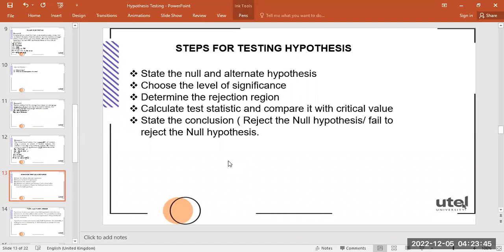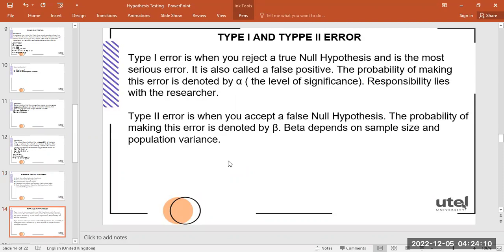And then we determine what we call the rejection region. Having done that, we then calculate a test statistic and compare it with the critical values or the rejection region that has been set. And then we state the conclusion by either rejecting the null hypothesis or failing to reject the null hypothesis. In subsequent slides, we shall see how those values can be obtained.